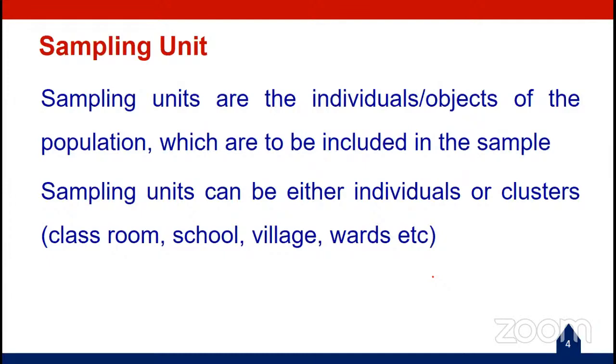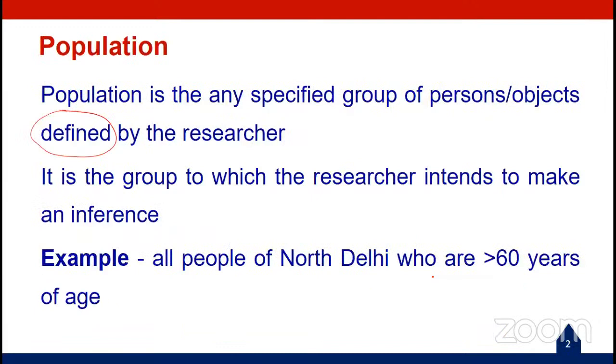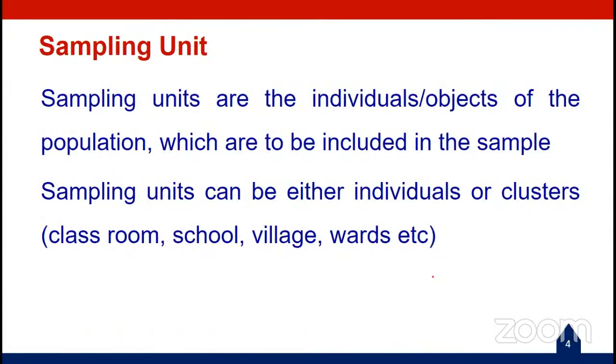For example, in the example which I showed you, the senior citizens residing in North Delhi are our sampling units. Sampling units are the ones which have the tendency to be recruited or included in the sample.